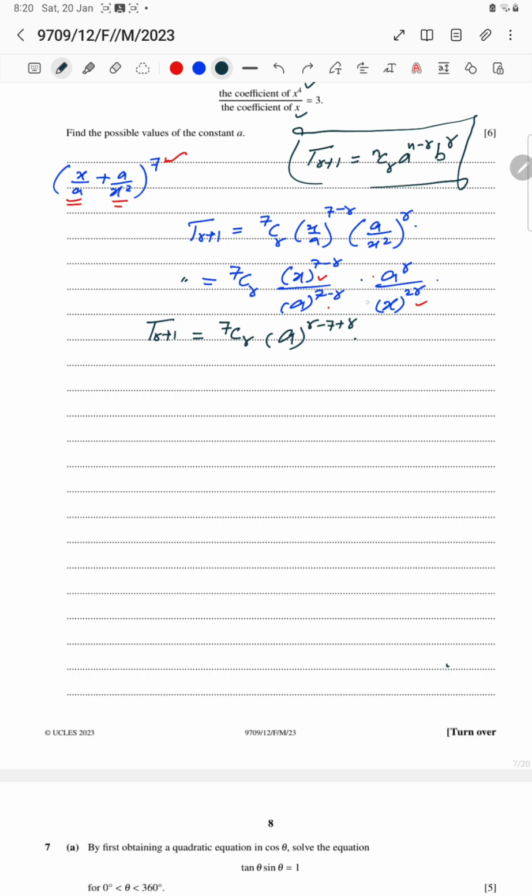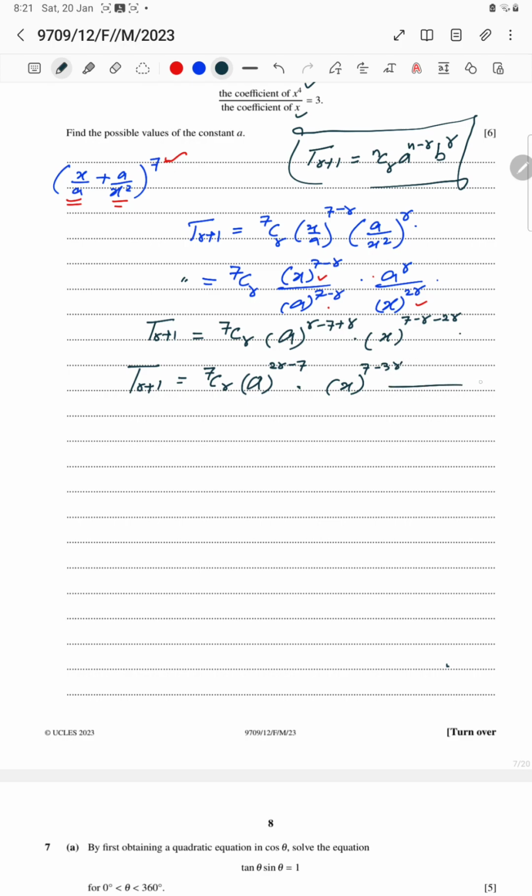Similarly, when x moves, this x^(2r) moves up, and applying the properties of indices here, −(7 − r) is already there, so it becomes −2r, and the minus comes up. So here only the case study is what we did, taken from the indices. So 7Cr a raised to power 2r − 7 and here x raised to power 7 − 3r.